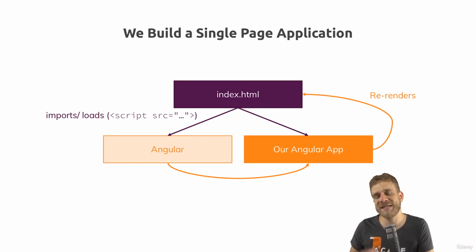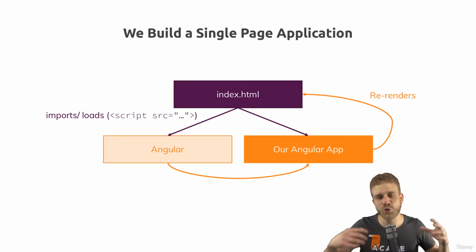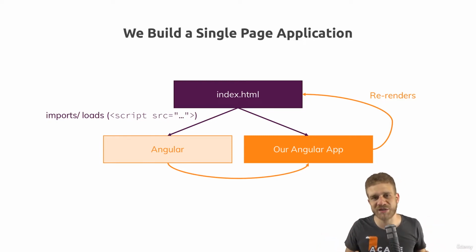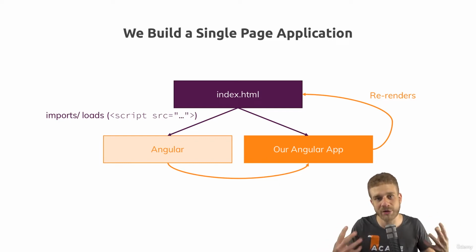Because by having this pattern, we never need to reload the page just because the user maybe clicked on a post and wants to see the details. We can instead navigate to that page directly because we don't really leave the page. We just remove some elements from the DOM and add new elements. And all of that is handled for us by the Angular framework. It's really convenient to work with the DOM with it.